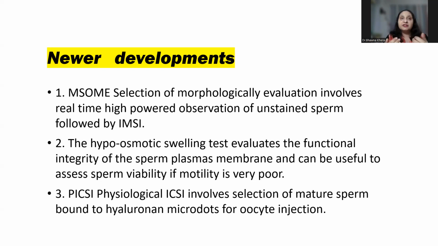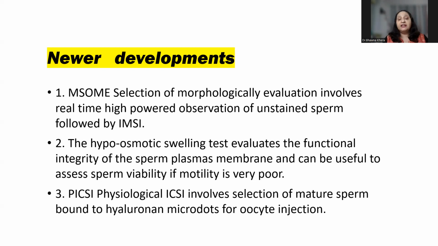But this is reversible. As you take the sperm out, the water will go out. With this, you can test that the sperm is viable, because only if its plasma membrane is proper will it swell. So you can pick up the viable sperm, and because it is reversible, your sperm will again become normal and you can use that sperm for the ICSI.